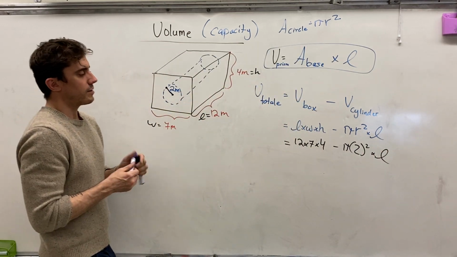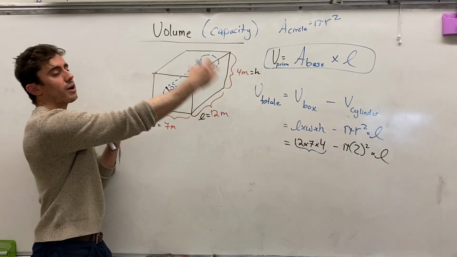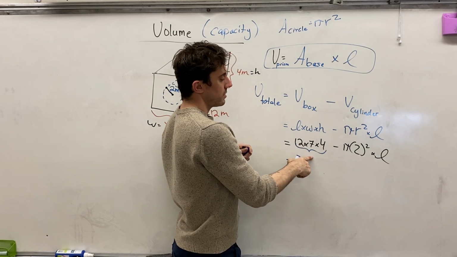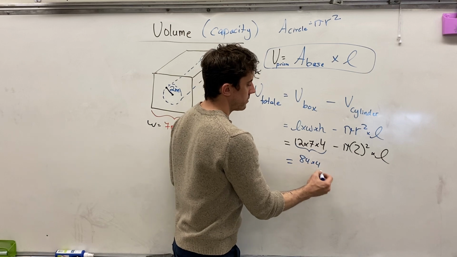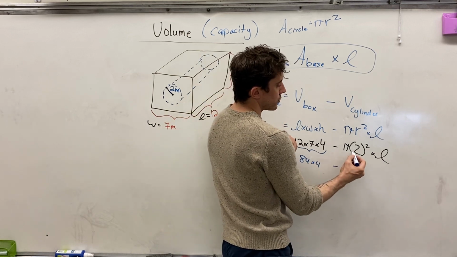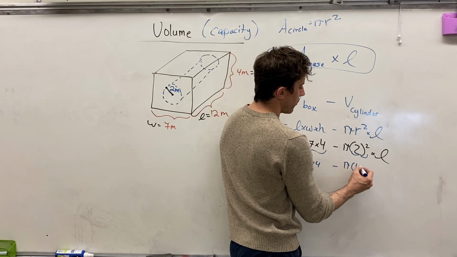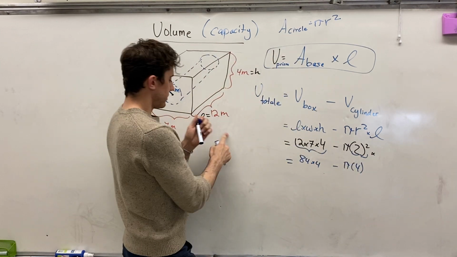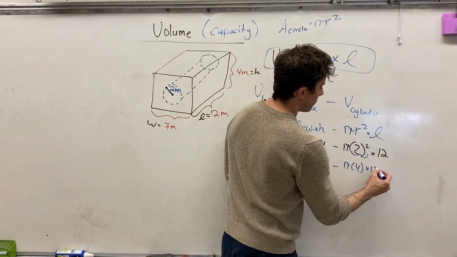Now we can multiply the 3 dimensions for our box. The volume of our box is 12 times 7, that is 84. 84 times 4, and we'll take away pi times 2 squared, which is 4, so pi times 4, and I should put in the value of our length. Our length is 12, so times 12.